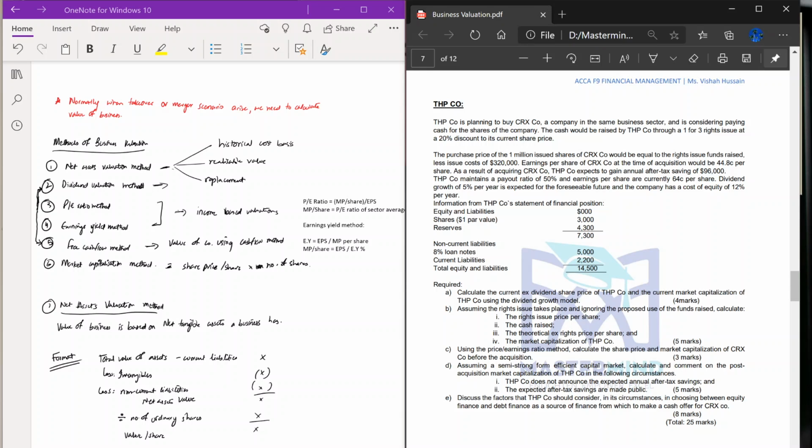So do complete part B and part A and part C. The theory of efficient market hypothesis is given right at the end of the document.